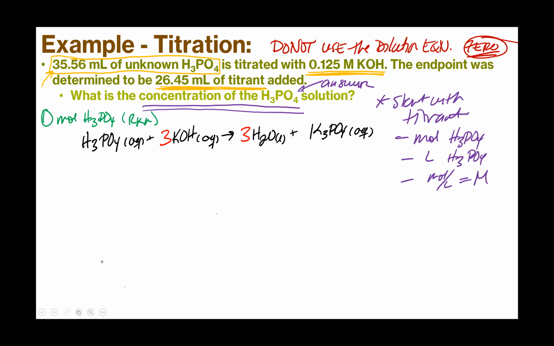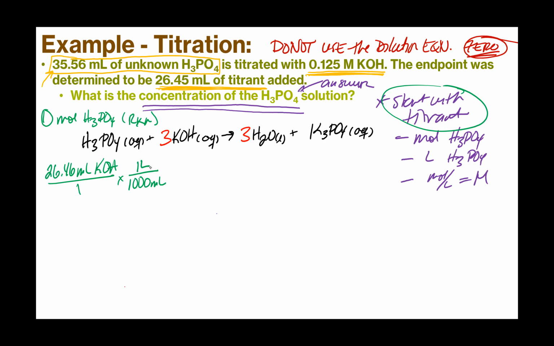Now that we have that, we're going to figure out how many moles of phosphoric acid we have, and we're going to start with the titrant. So that means we're starting with KOH. Always start with the volume, because you can't start with molarity, since there's more than one unit in there. Remember, capital M is moles per liter, not moles.